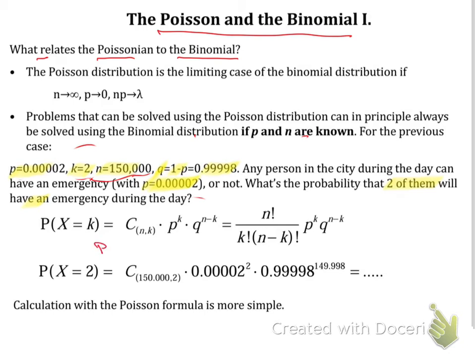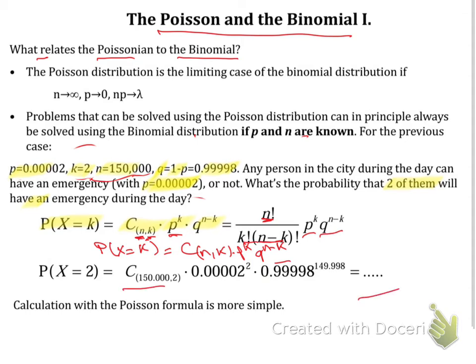The probability of X equals K equals 2 is the combination of N, K, times P to the power K, times Q to the power N minus K. We can substitute the combination as N factorial divided by N minus K factorial times K factorial, and P to the power K, Q to the power N minus K will remain the same. By substituting, we'll get the answer.